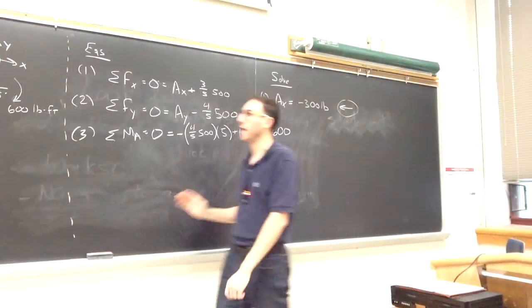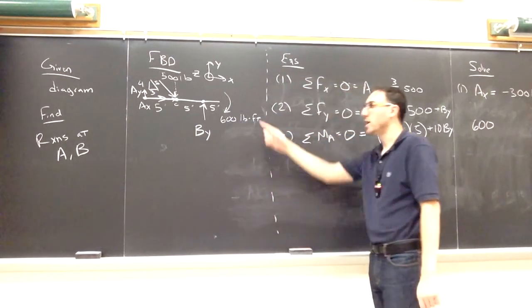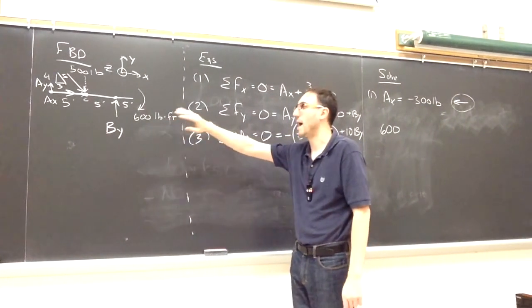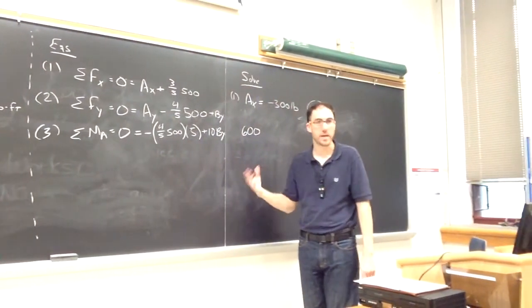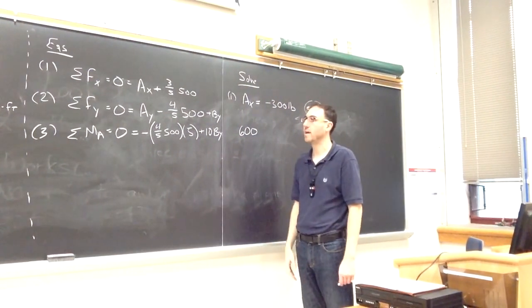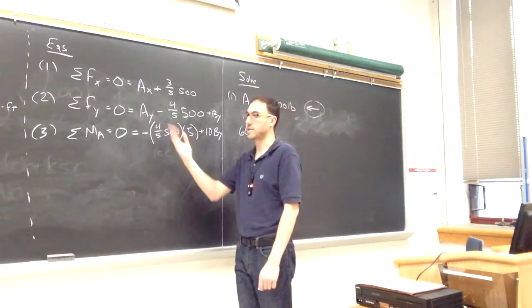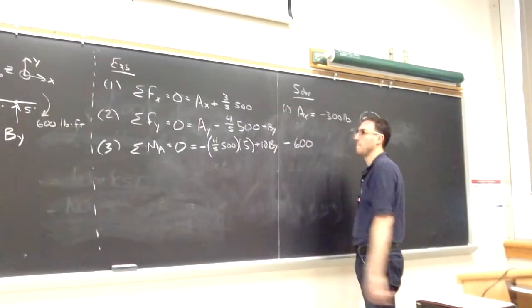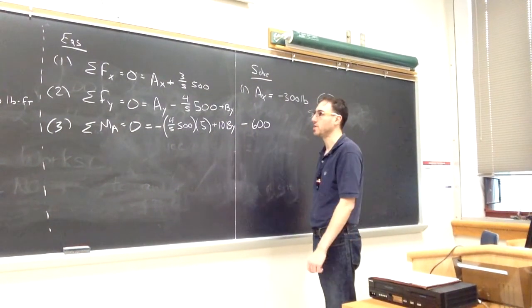Just because it's located 15 feet from A, I'm not multiplying it by 15 feet. No matter what point I was taking the moment around, it's 600 pound-feet. But I do have to worry, is it positive or negative around A? Right. In this case, it's clockwise, so it's negative. So those are all the things that contribute to the moment around A.